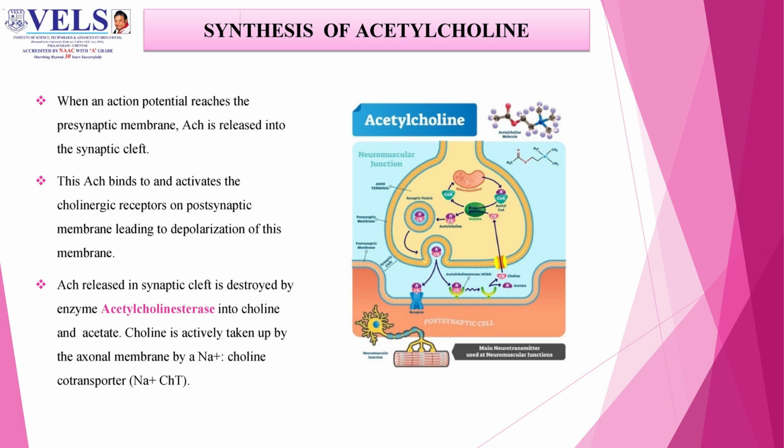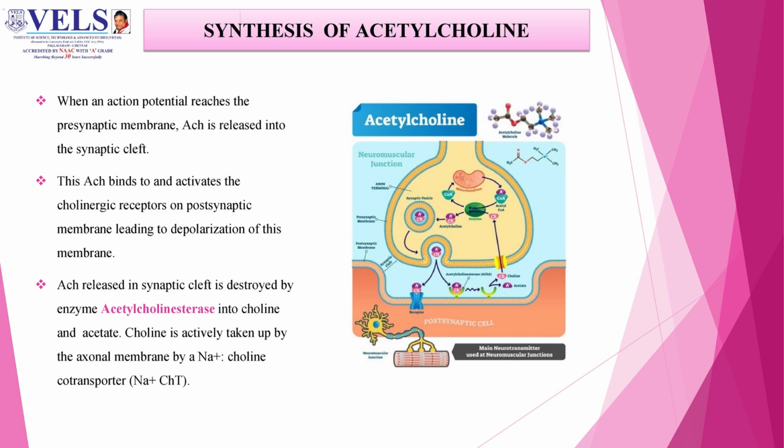When an action potential, that means when an impulse, reaches the presynaptic membrane, acetylcholine is released into the synaptic cleft. The synaptic cleft is the space between the presynaptic membrane and the postsynaptic membrane. This acetylcholine binds to and activates the cholinergic receptors on the postsynaptic membrane, which leads to depolarization of this membrane.